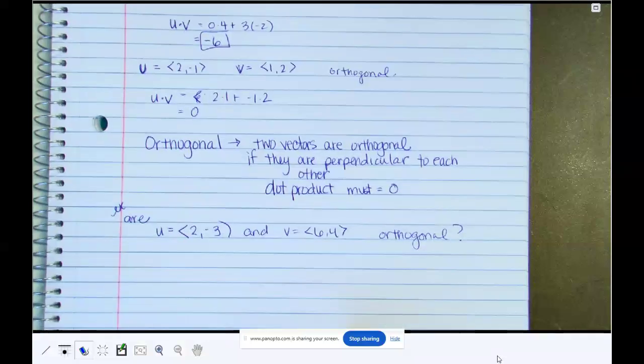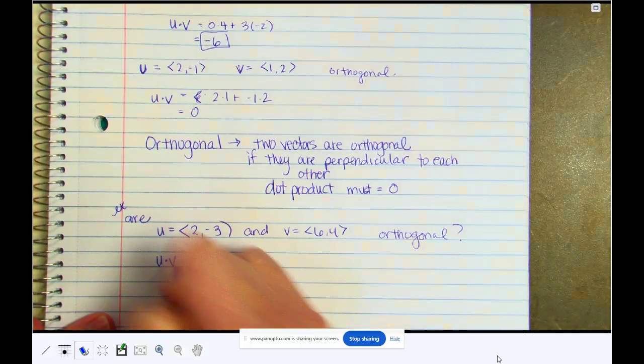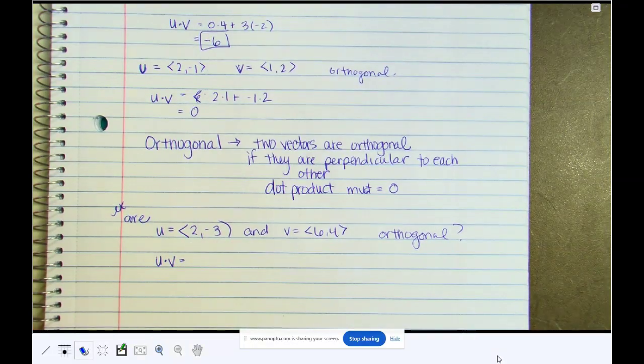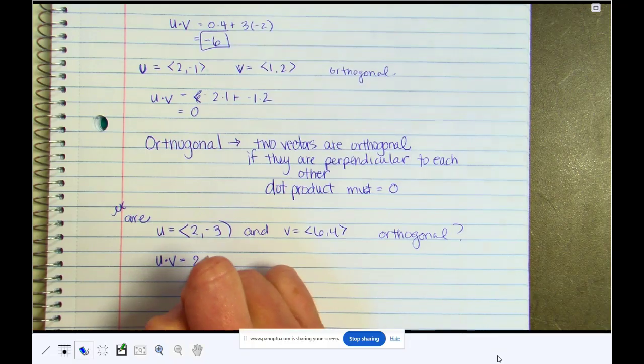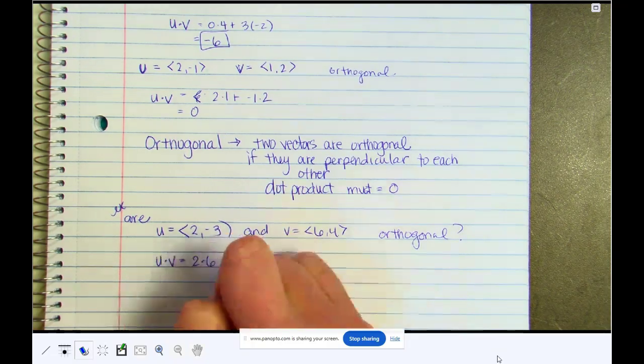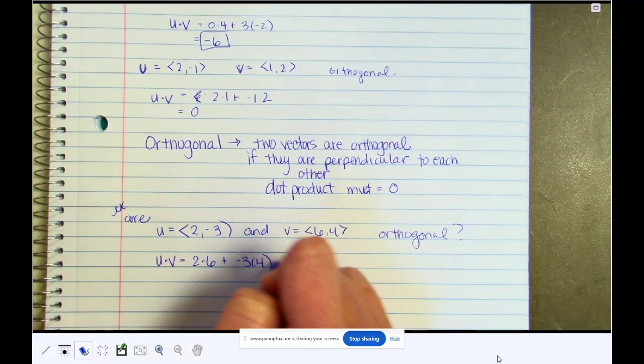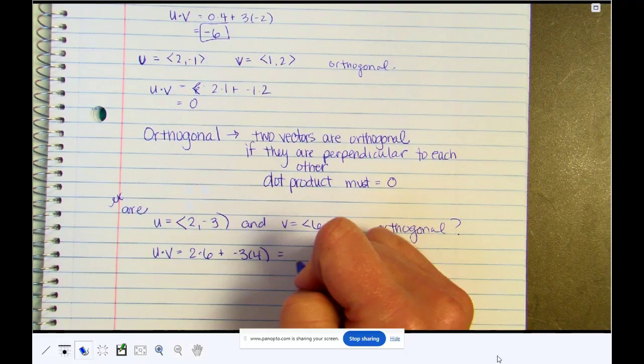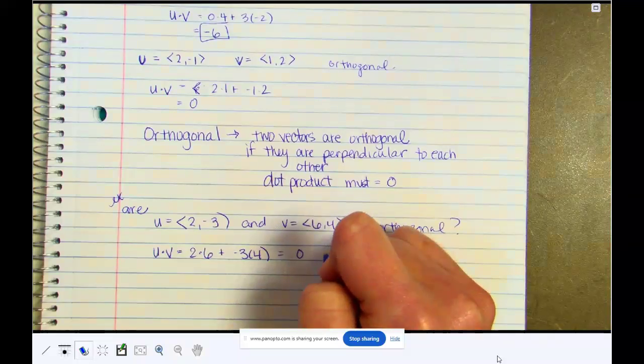Do the dot product. 2 times 6 plus -3 times 4 adds up to 0. And so the answer to the question is yes.